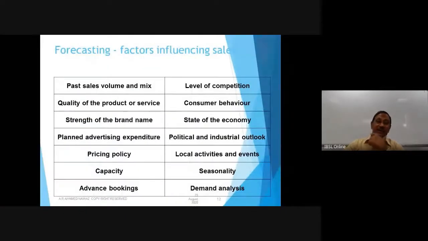Demand analysis gives us how much and what season. Whether there's a demand for the particular product, manufacturing product or selling product. If there's no demand, there's no sales. So we have to analyze the demand when you do projections.